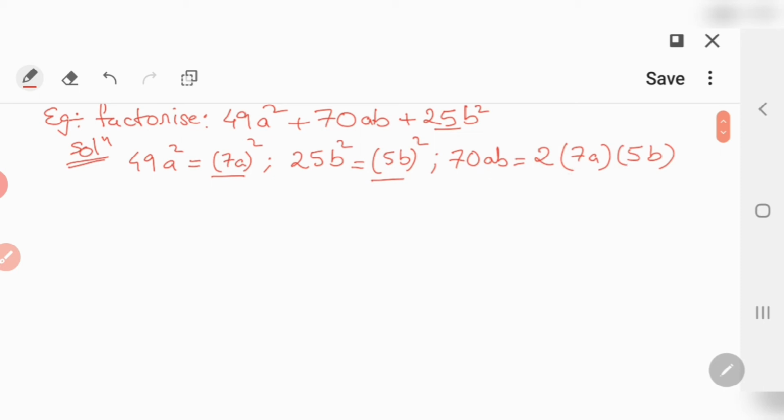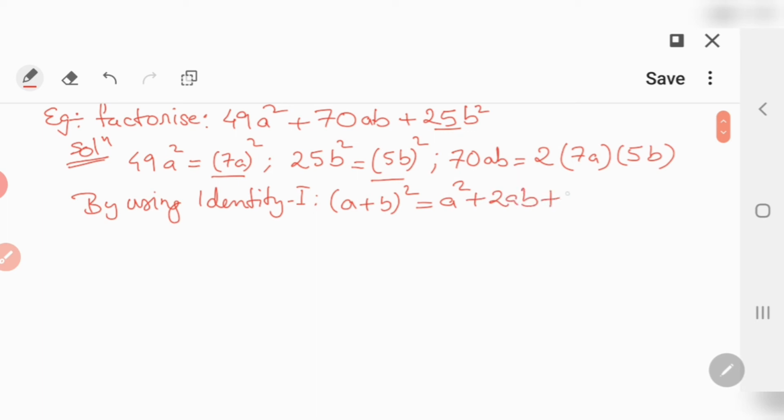Correct, na? So by using identity 1. You remember identity 1? That is (a plus b) whole square will be equal to a square plus twice ab plus b square. Correct, children? Now here what does a represent? a represents 7a.